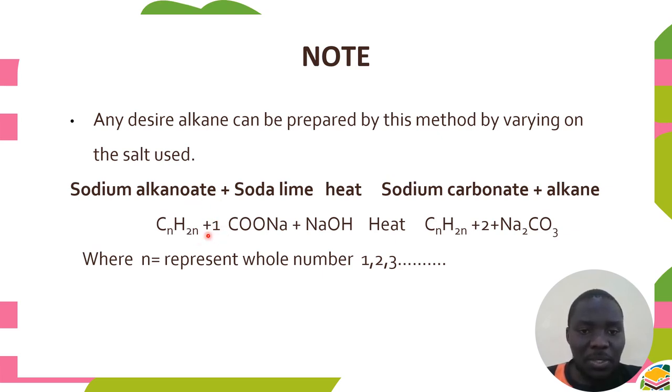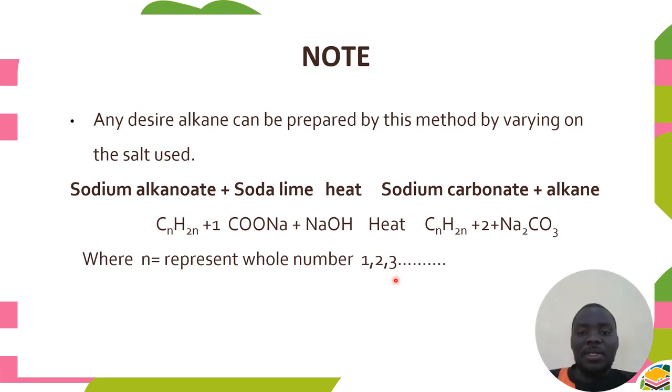Why are we putting plus 1 here? It's because this one already has a carbon here, so we don't have to put 2 here. We're going to add 1 only. So here we are producing an alkane which is CnH2n+2 and sodium carbonate, where n can represent 1, 2, 3.